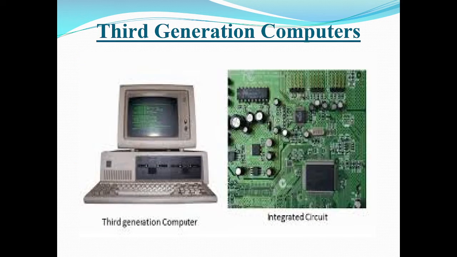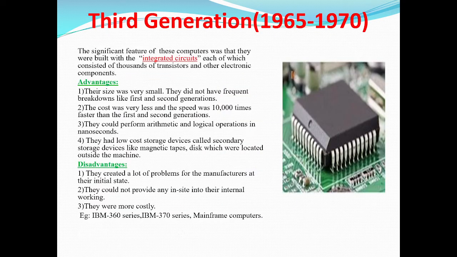Let us look at the picture. The third generation computers' size has reduced to such an extent that we can keep these computers on a small table, and the integrated circuit is like a silicon chip with all buses and connections, control lines.